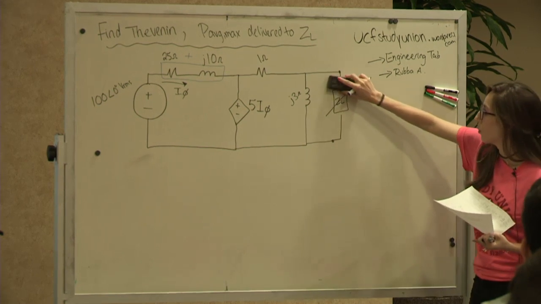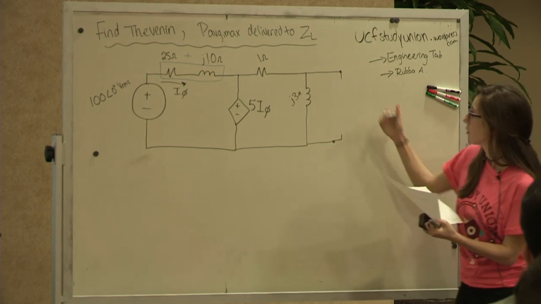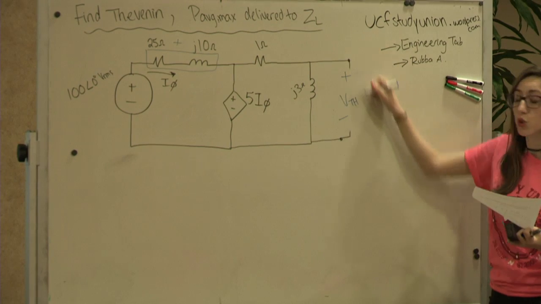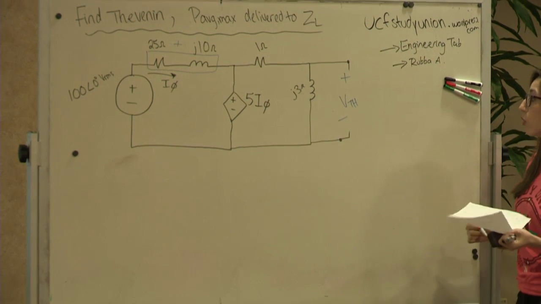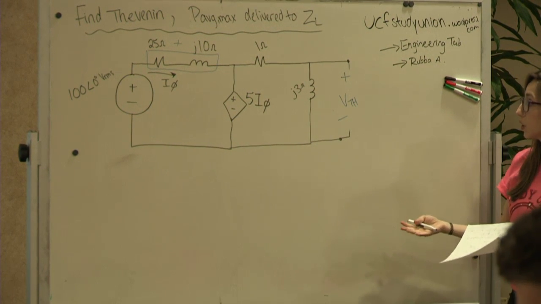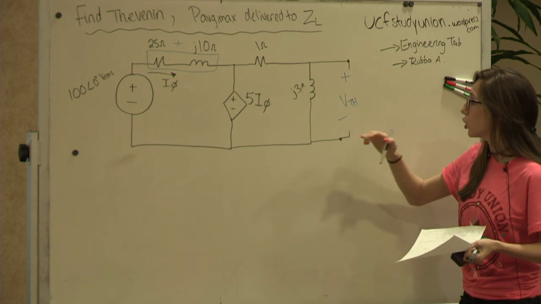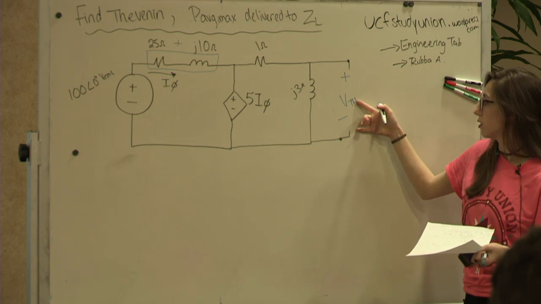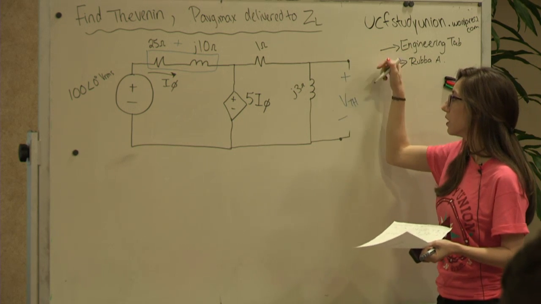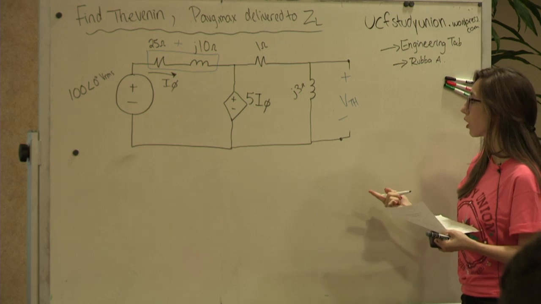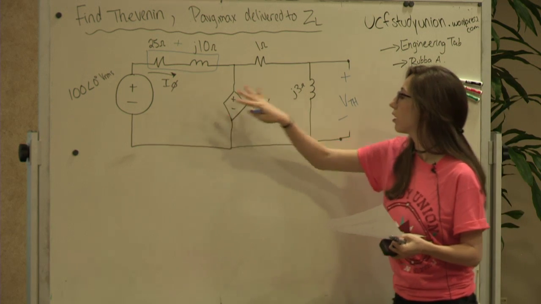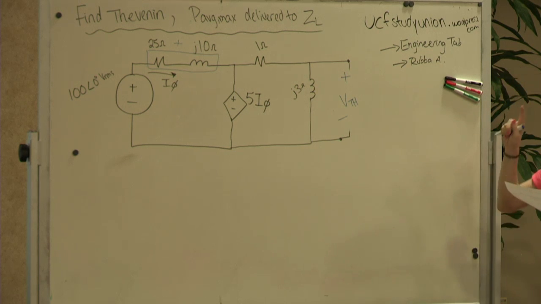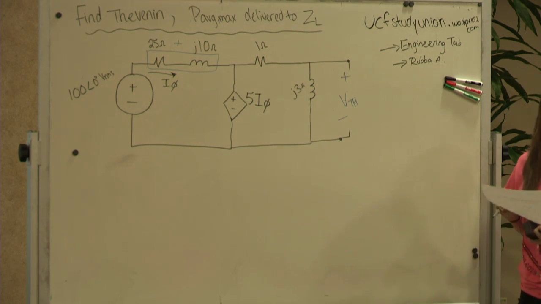You could either find V open first, if you remember, V Thevenin, or you could short it and find I short circuit. Or if you want to go straight to finding the Z equivalents, which you're going to need for ZL, you can deactivate this, put a test source on here, and then solve for VT over IT.